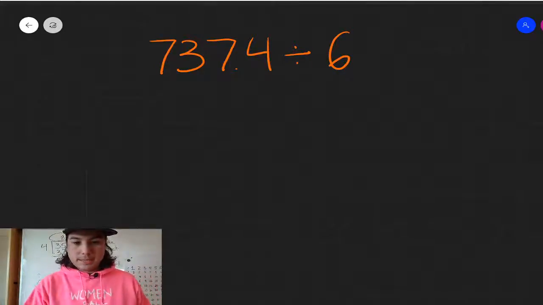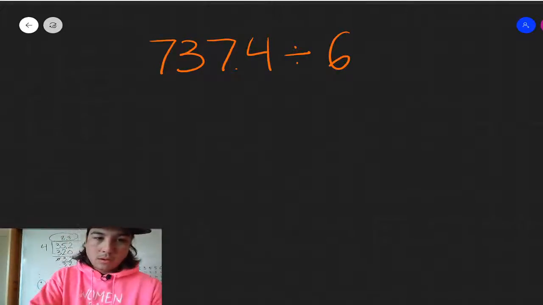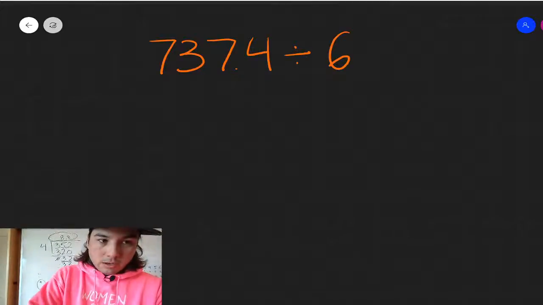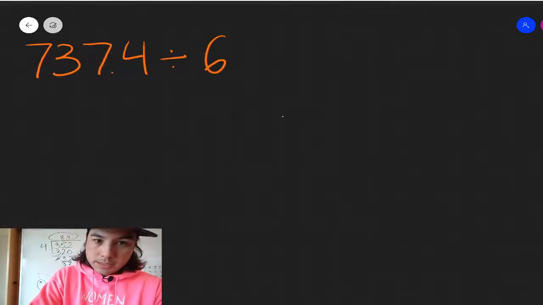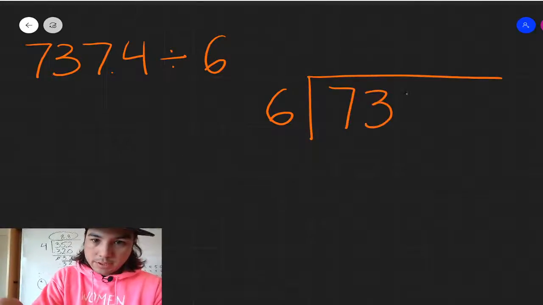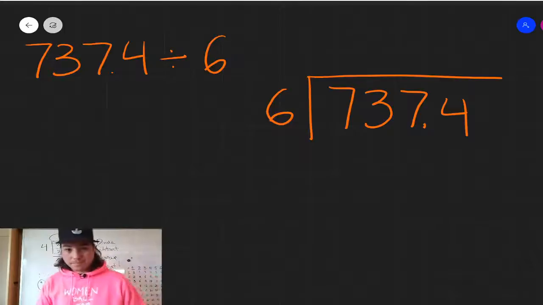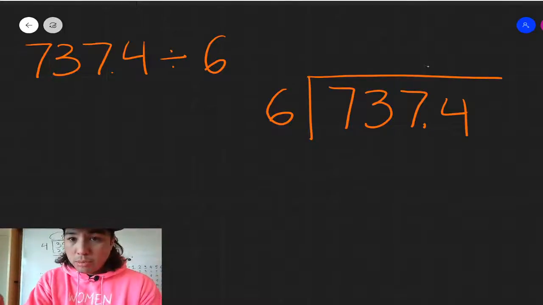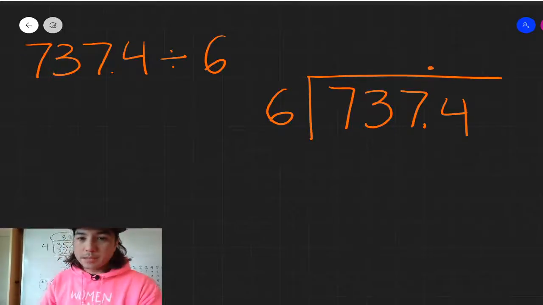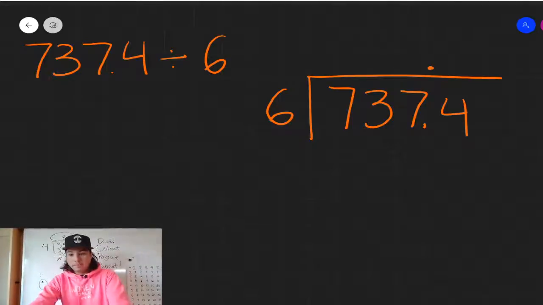So let's go ahead and set this one up here. We're going to put our 6 as the divisor, 737 and 4/10 as the dividend, and then what's going to be our quotient. And if you'd like, you can put the decimal point right up there at the beginning already.